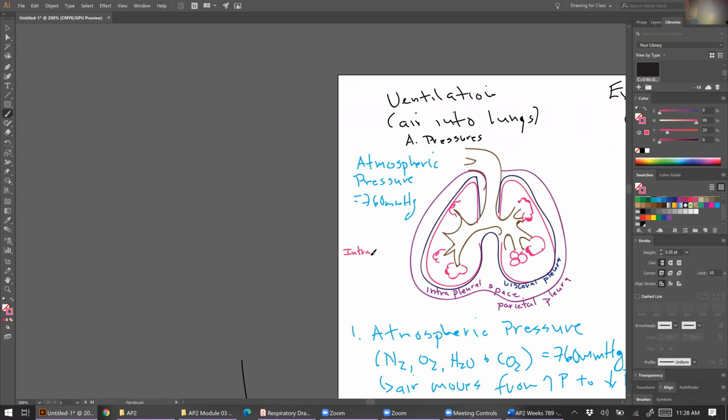I'm a big fan of redundancy. Write it multiple times, see it multiple times. That's going to be the pressure in here, in the alveoli. And it's going to vary just a very small amount, from 759 to 761. Now that's pretty small, so I'll come down and write it down here too.